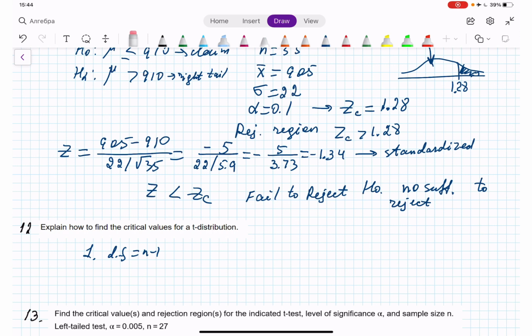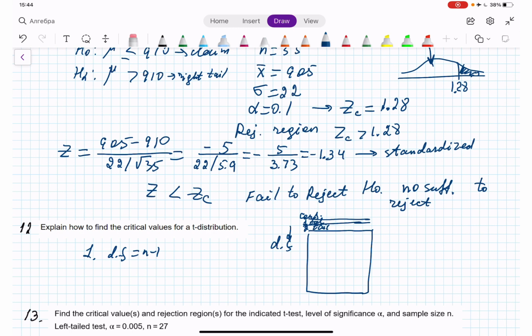And then once you open the t-score table, vertically going degree of freedom, horizontally you can choose either confidence level, or one tail, or two tails, depends on what you have. And you choose accordingly the percentage of confidence interval, or right tail, one tail, or two tails.